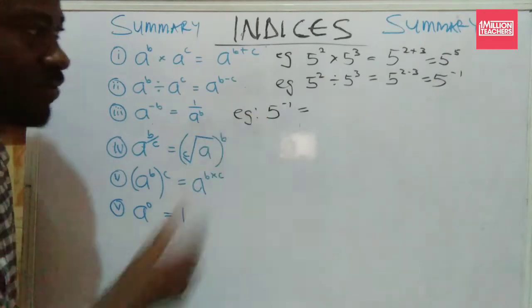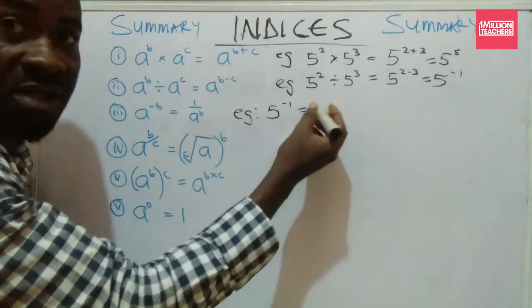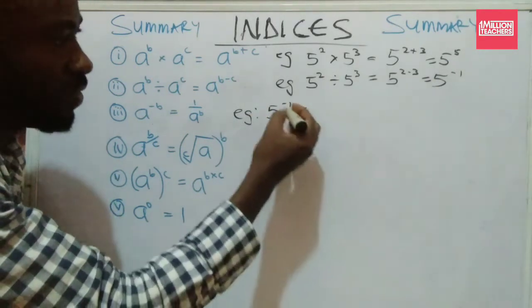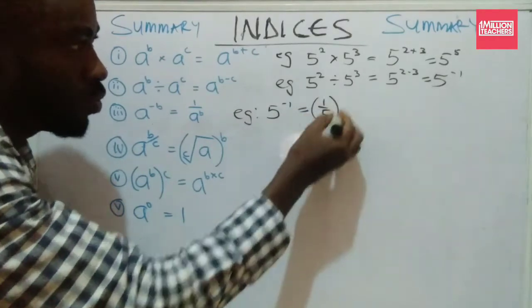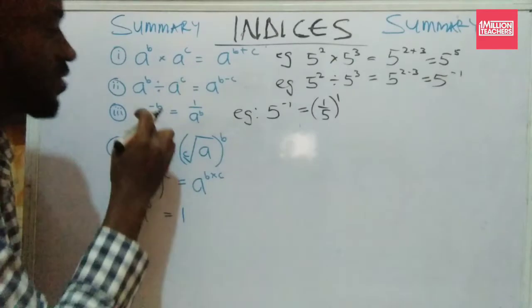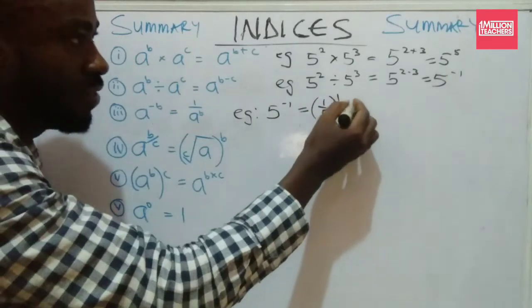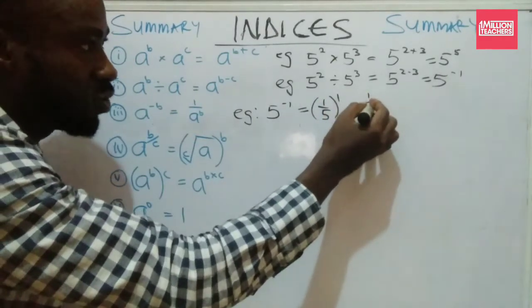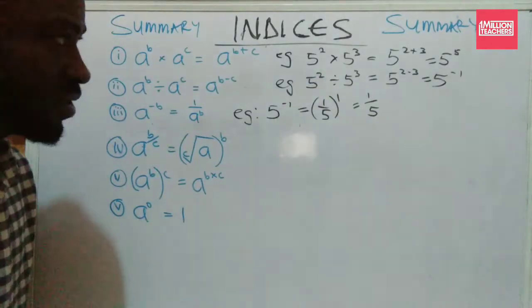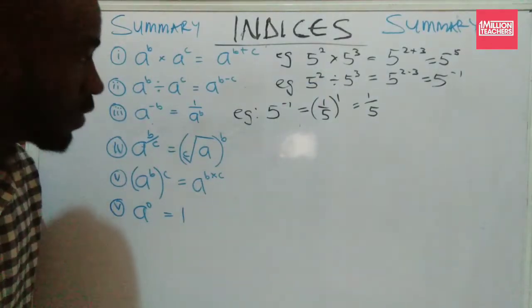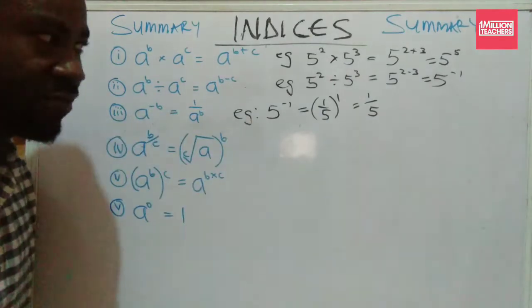So what's the inverse of 5? The multiplicative inverse of 5 is 1 over 5. And once you do that, the negative sign becomes positive. Then our answer becomes 1 over 5, because anything raised to 1 is still that same number. Okay, so that is the negative index law.